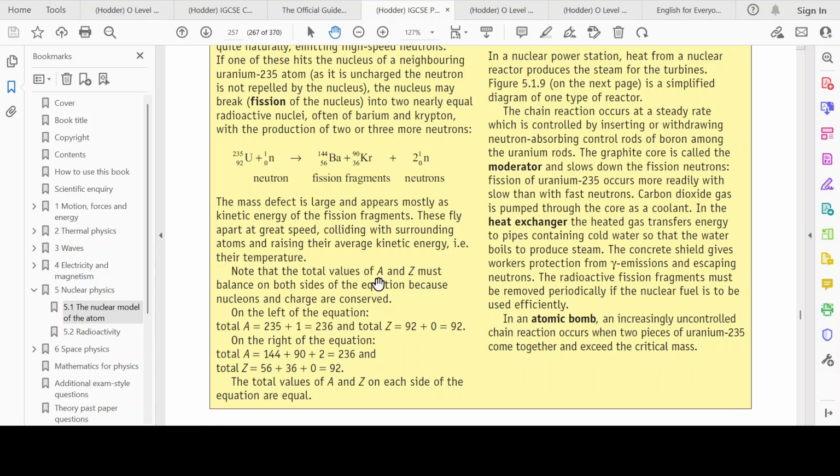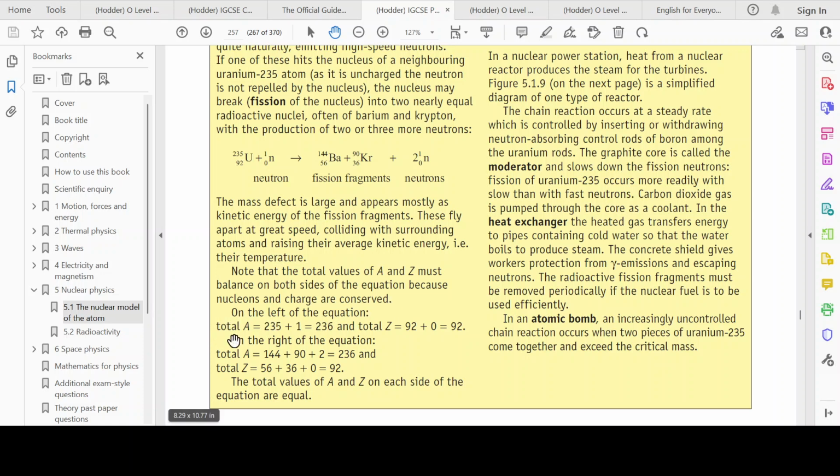Note that the total values of the mass and the protons must balance on both sides of the equation. So you've got 92 protons over here, right? And you've got 56 and 36, so that's 92. So you've got the same number of protons. It must be balanced on both sides of the equation because nucleons and charge are conserved.